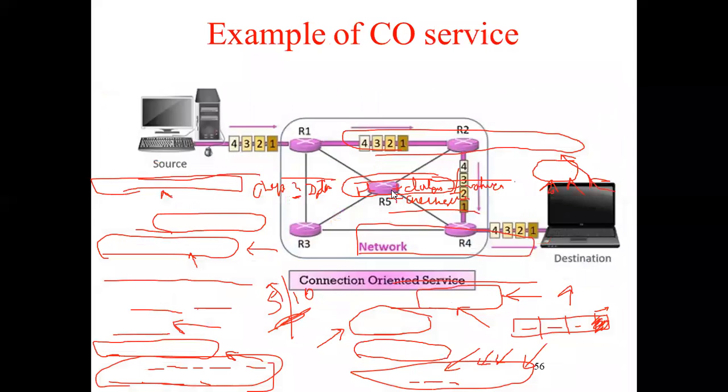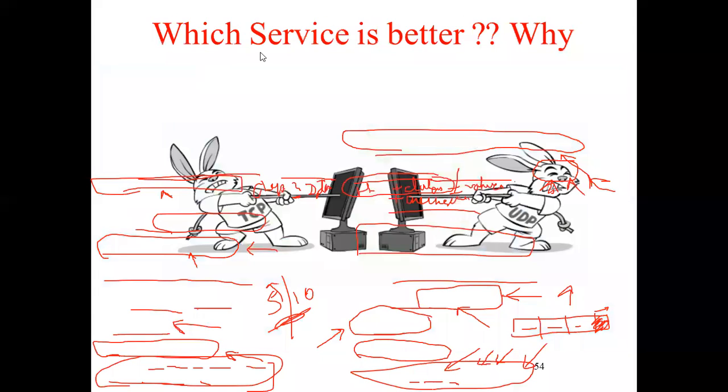And if a question is there about which service is better and why, you can say that neither is better than the other, because it depends upon the type of application. Where we require a faster service, we can go for UDP. Where we require a reliable service, we can go for TCP, right? In that manner, you have to explain this question.